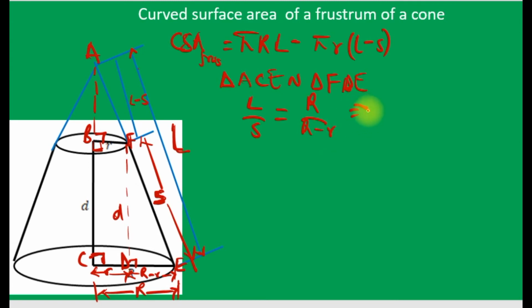This implies that, remember, our main aim is to find L, because we are not given it, so L is now R X over R minus r. So this is now the slant height of the big cone. In case you're asked to find the slant height of the big cone, we are done with that.